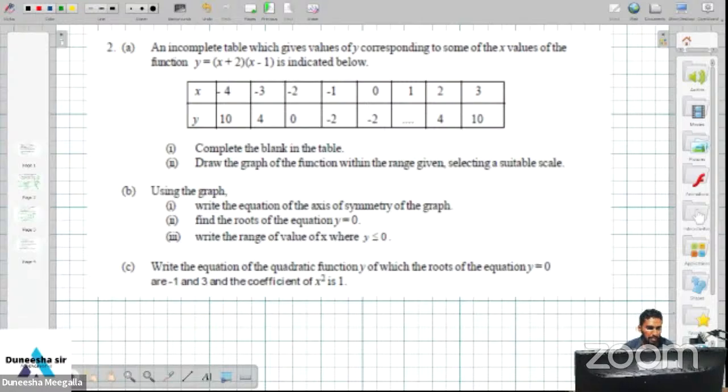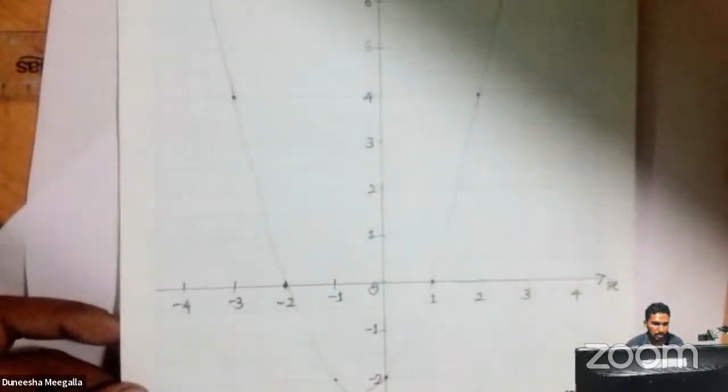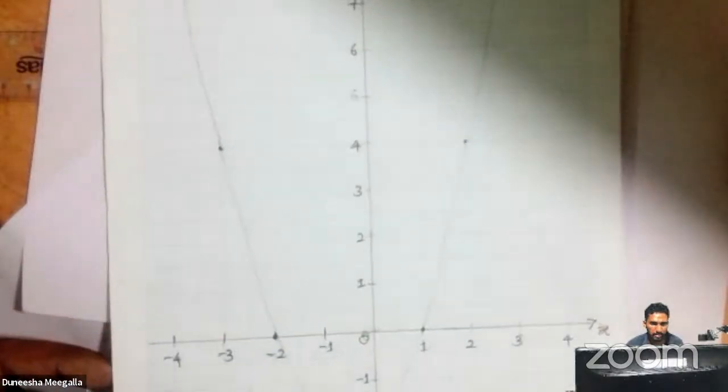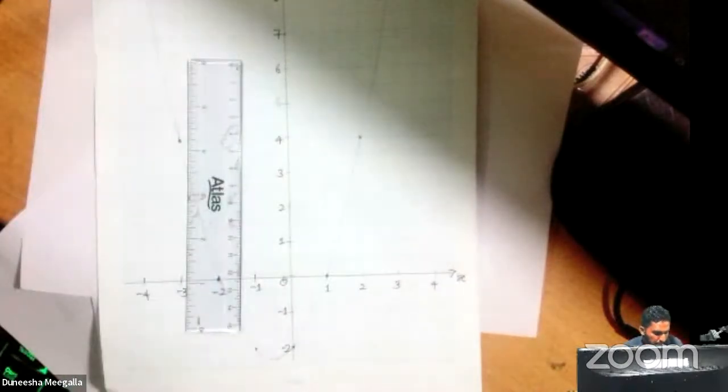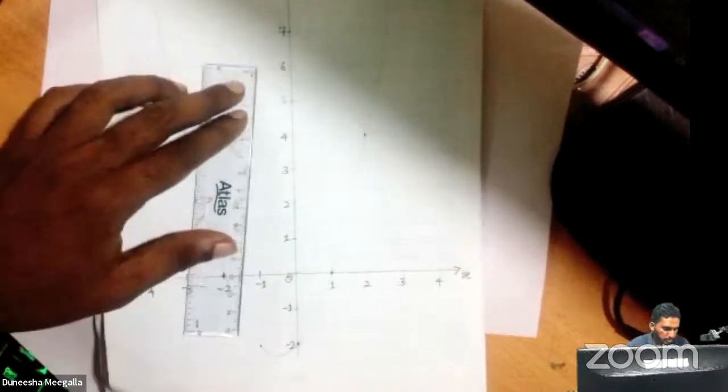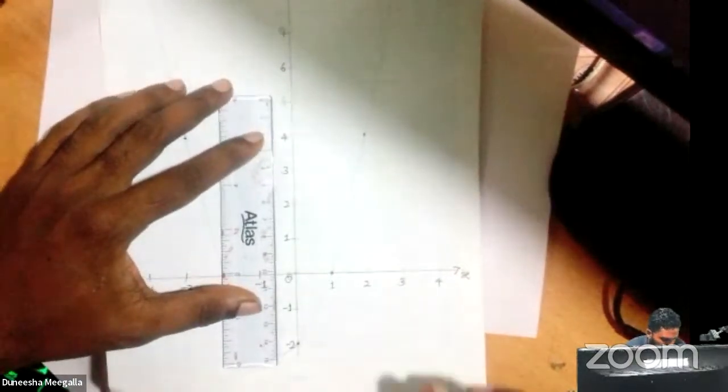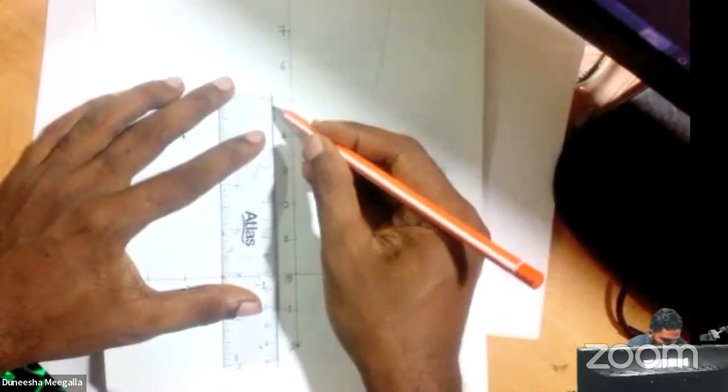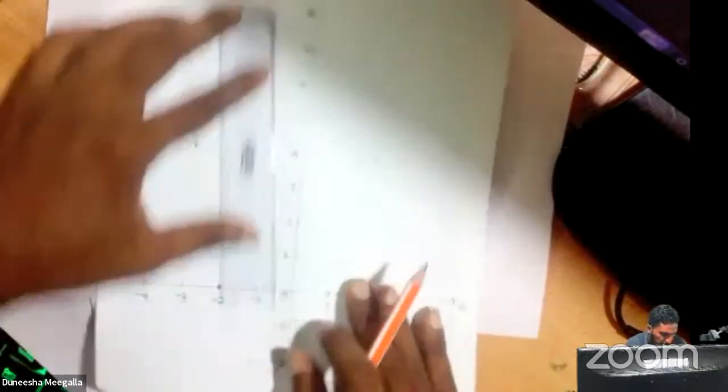මේක බලන්න අපි graph එකට ආයෙ යමු. Can you see your graph? Left side and right side equal වෙනව නේද? හරි. මෙන්න මේ මෙතනින් ගත්තොත් මෙන්න මේ line එක දිගේ.